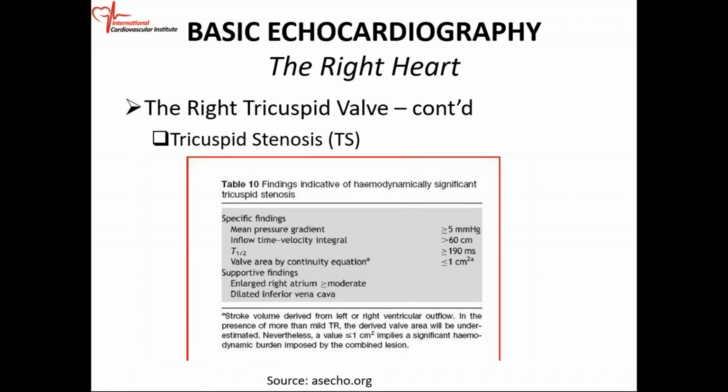All right, so these are the numbers you need to know for tricuspid stenosis. For hemodynamically significant tricuspid stenosis, the mean gradient is usually greater than or equal to 5 millimeters mercury. And the time velocity integral, this is again across the tricuspid inflow.